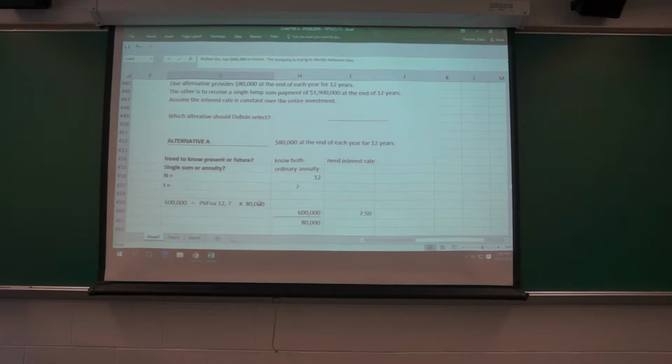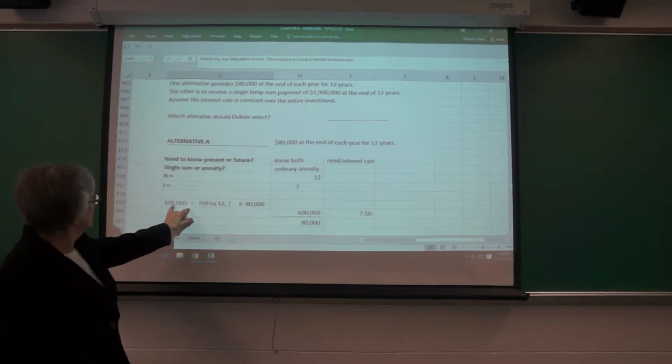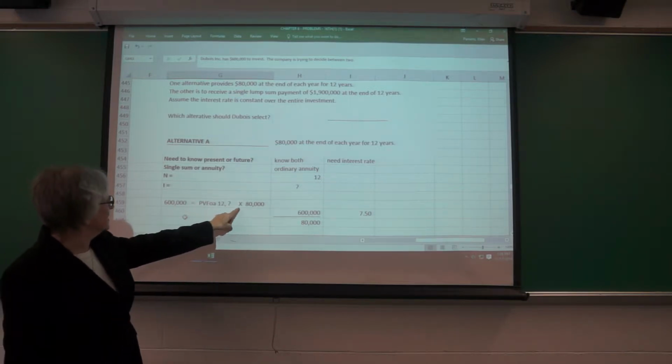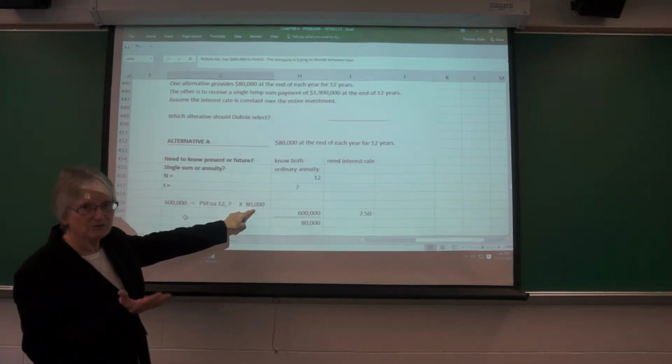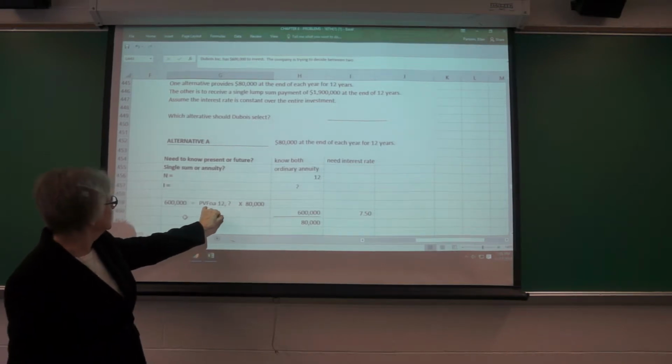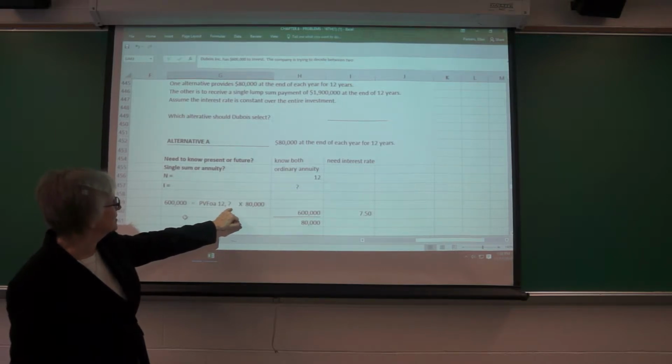So to set up the problem, you could say that the 600 is going to be equal to the present value factor times those 80,000 annuity payments. So this is the present value factor for an ordinary annuity of 12 periods, but an unknown interest rate.